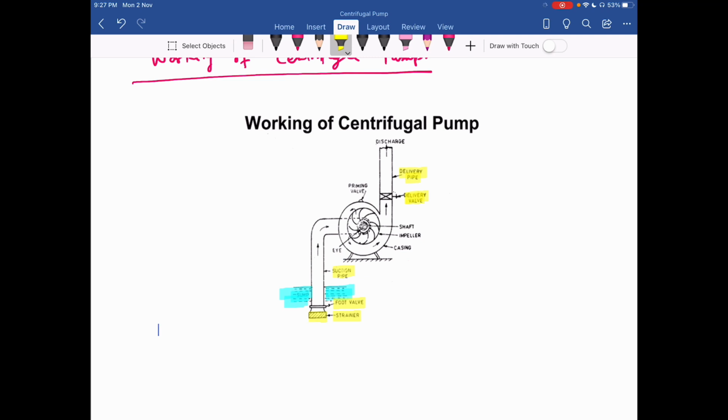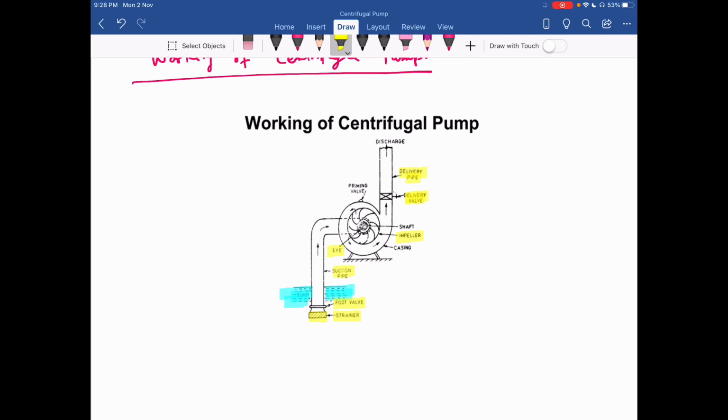Now my suction pipe connects to the impeller at the part that is known as the eye of the impeller, along the shaft of the pump.